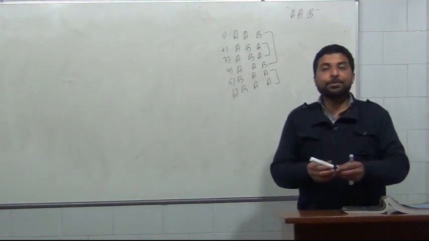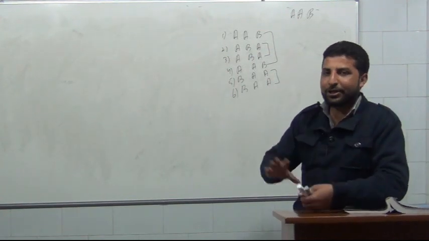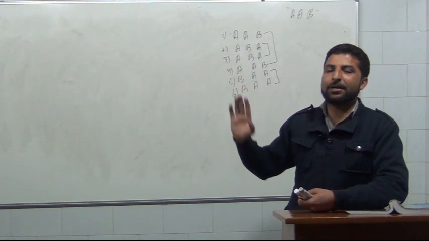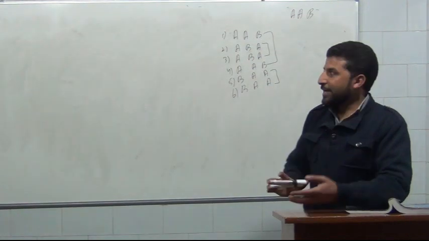That means if there is a repetition in the collection, if you have repeated alphabets or repeated entries, what will be the permutation? Write it.